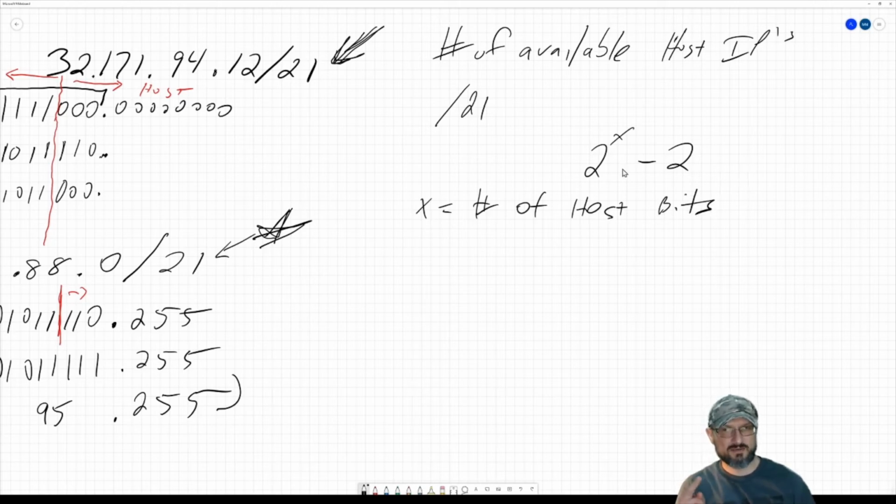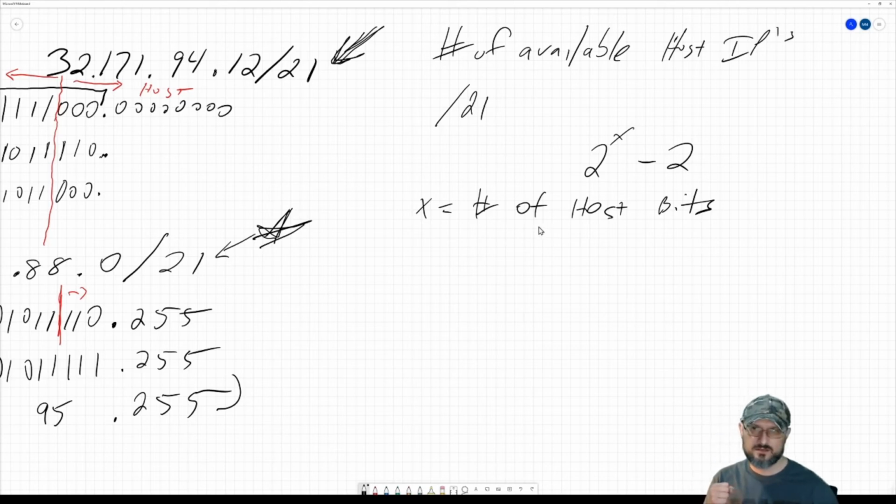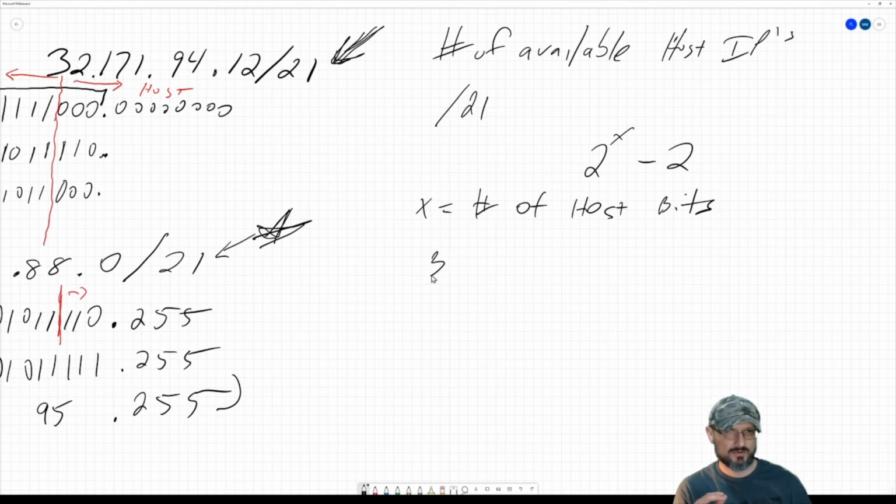Well, we've said before that this slash 21 means there are 21 subnet bits, 21 mask bits. There are a total of 32 bits in an IP address. So 32 minus 21 should give us the number that we need. 11. There are 11 host bits.